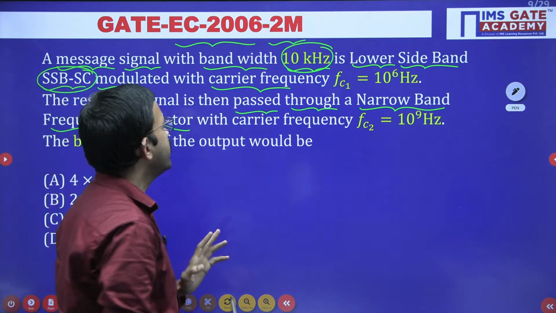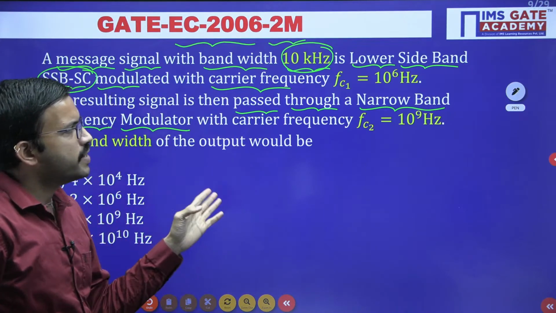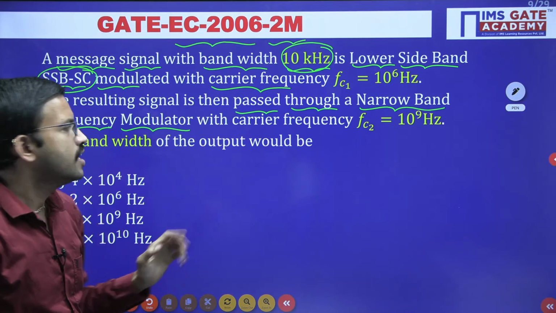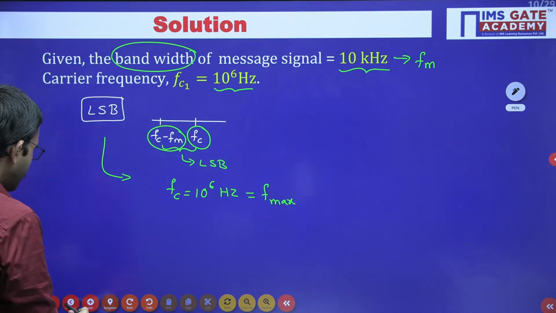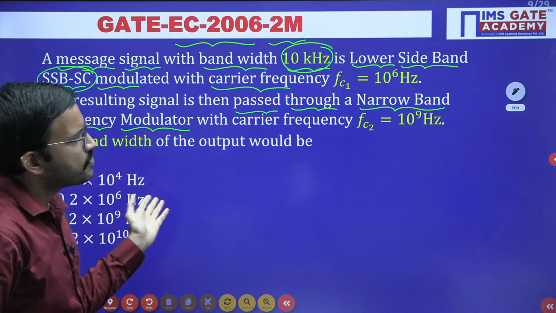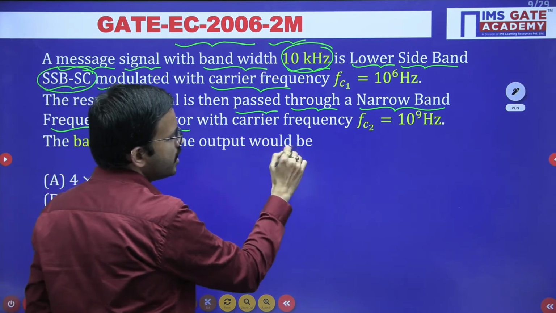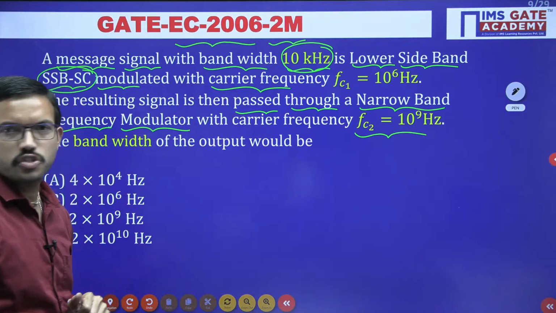Just like in double sideband with carrier, or the AM signal, where you get three frequencies, FC, FC minus FM, and FC plus FM, similarly here you will get those three frequencies.